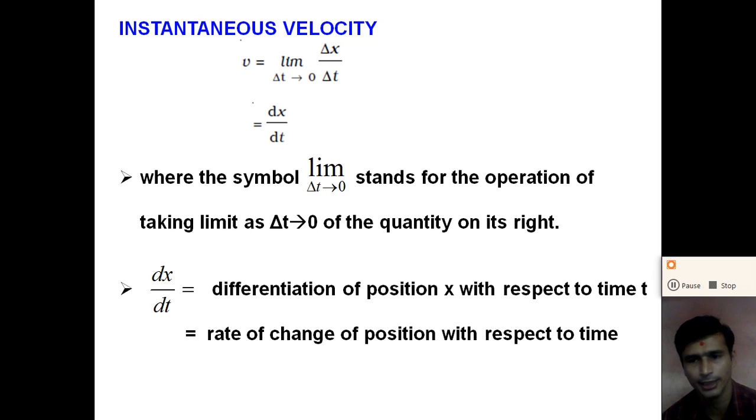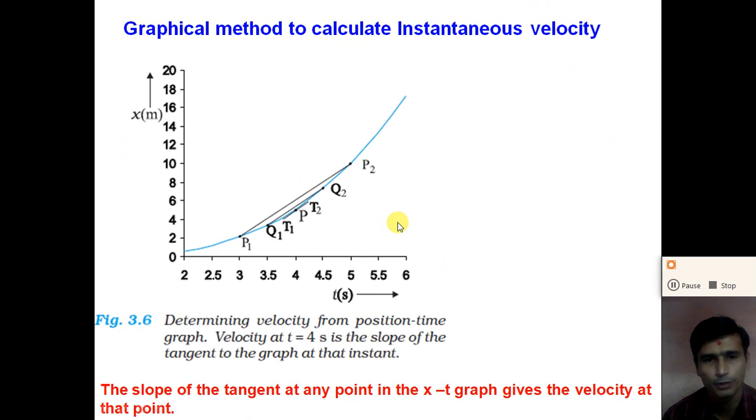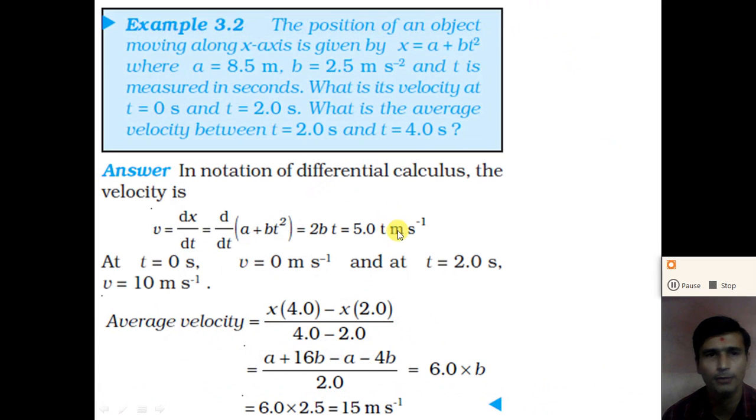So how can we calculate the instantaneous velocity at an instant of time, or the average velocity, from the equation of the position? Let us understand with the help of an example. Example number 3.2 given in the textbook. The position of an object moving along the x-axis is given by x is equal to a plus bt square.